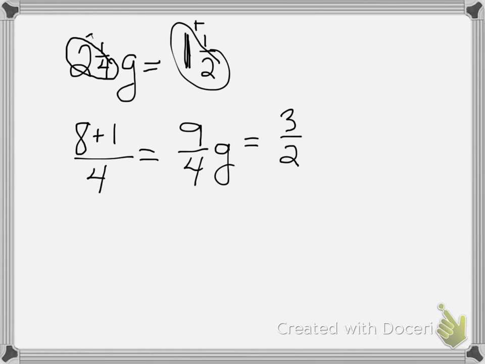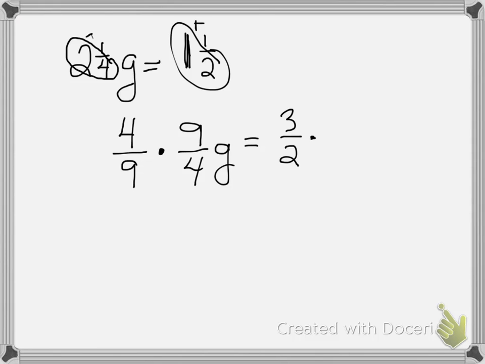So I have 9 over 4g is equal to 3 over 2. I want to get g all by itself. In order to get rid of this 9/4, I'm going to multiply by its reciprocal. The reciprocal just means you take the fraction and you flip it over. So I had 9 over 4, now I have 4 over 9.